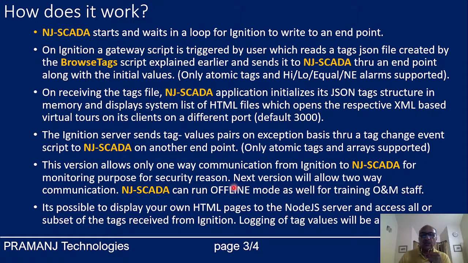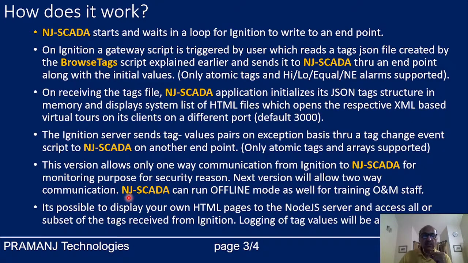This two-way communication is achieved through a TCP socket. But for the present, for security reasons, we have disabled the writing to Ignition. Only Ignition can send the tag values to NJ-SCADA.